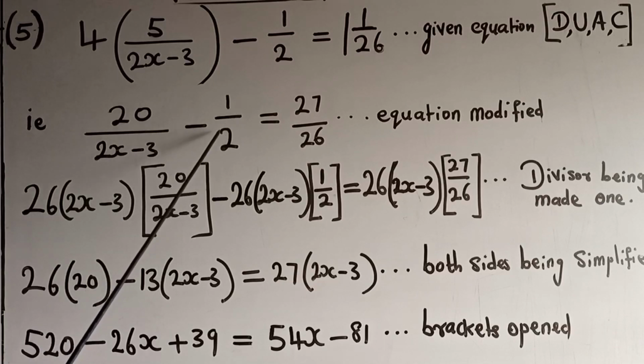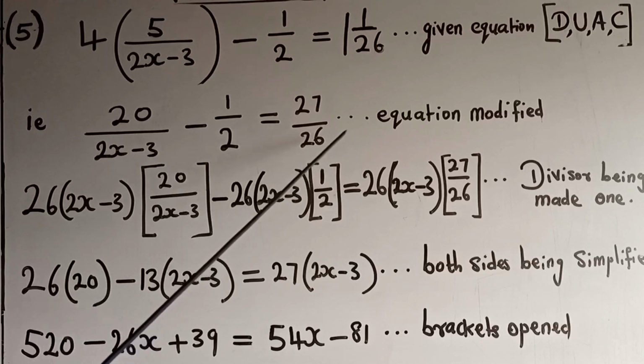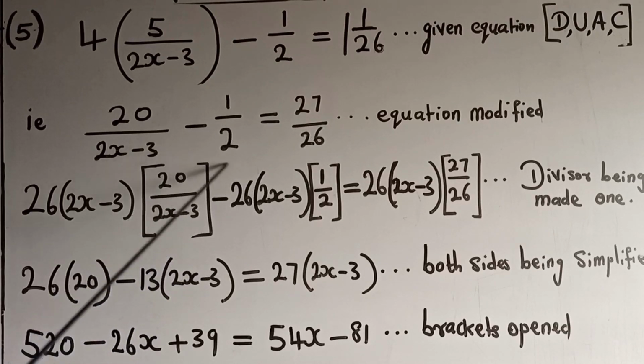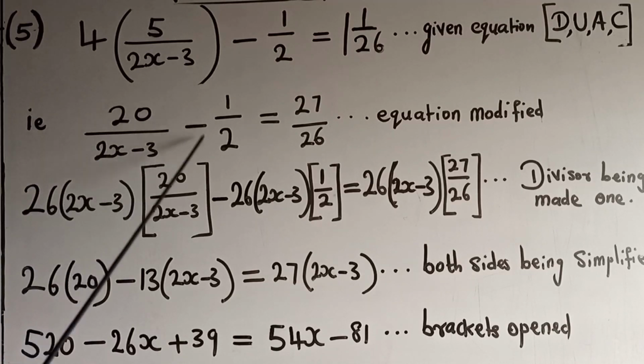Therefore, between these two, the common multiple we're going to make use of there is 26. That means 26 comes out of these two, coming to meet this 2x minus 3. What am I doing right now? I'm trying to find the common multiple that I'm going to use to multiply every single term in this equation so as to make the divisors become 1.